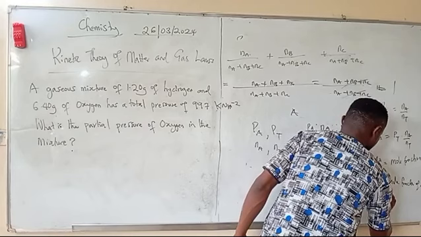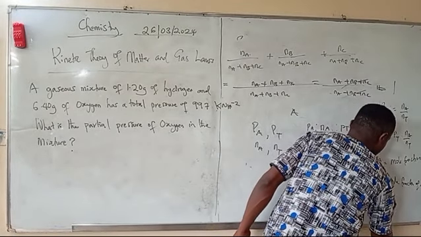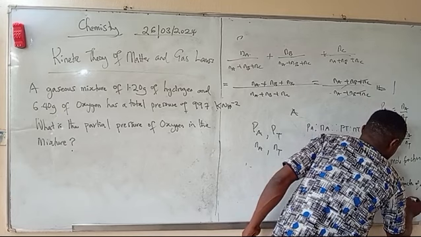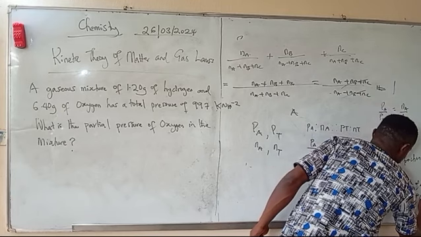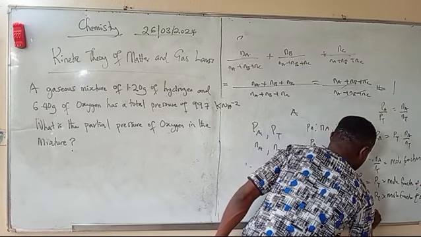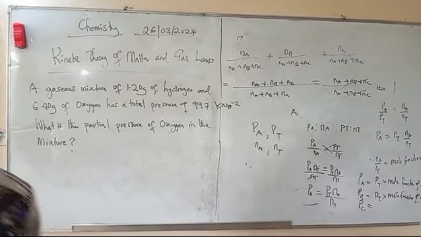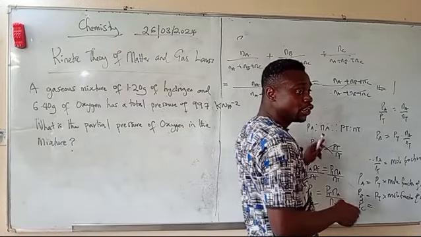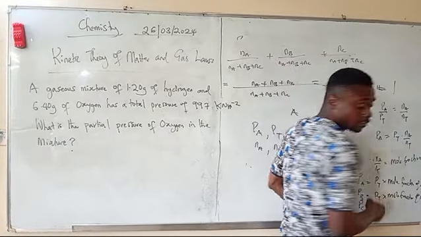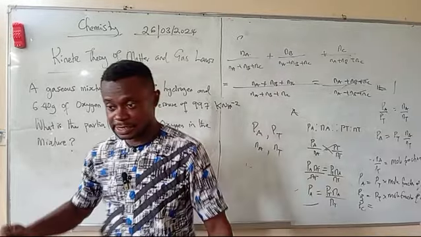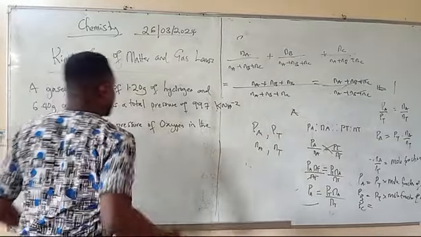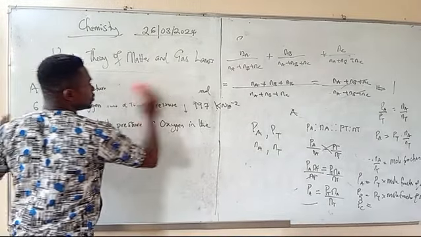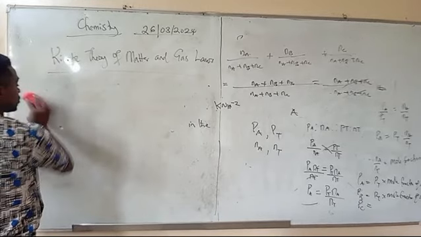The partial pressure of A is equal to total pressure times mole fraction of A. You can also extend to gas B and C. Therefore, partial pressure of gas B is equal to total pressure times mole fraction of B. Partial pressure of C is total pressure times mole fraction of C.